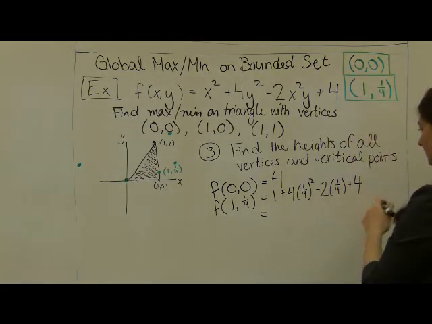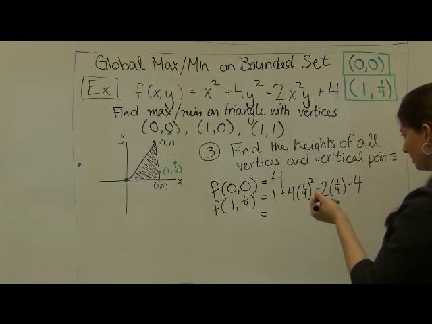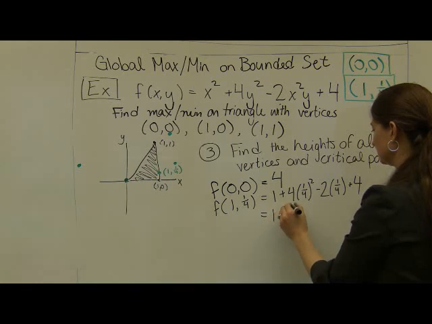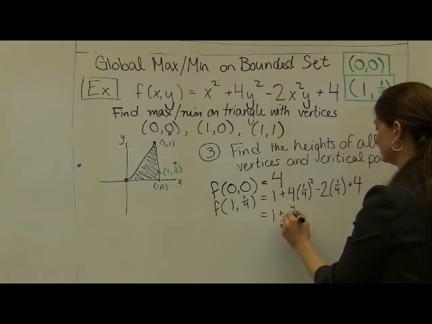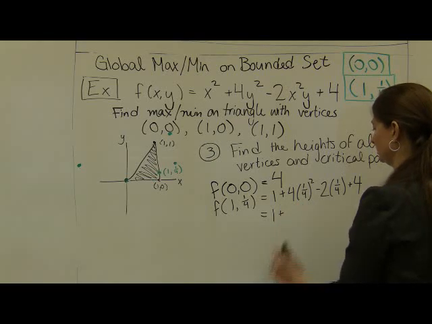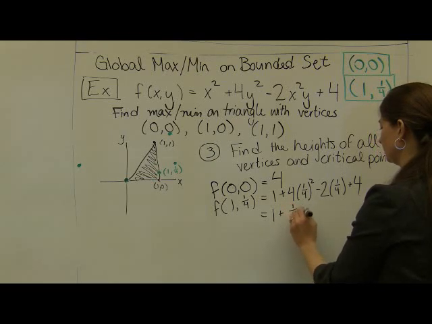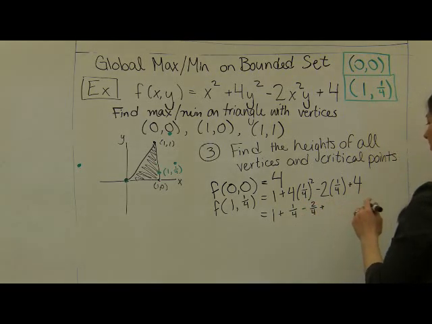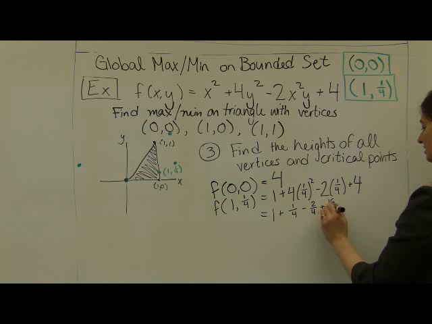I can do some arithmetic because I'm so good at arithmetic, and I end up with 1 plus 4/16. 4/16 is just a 4th. So it's 1 plus a 4th minus 2/4 plus 4. 4 is 16/4.